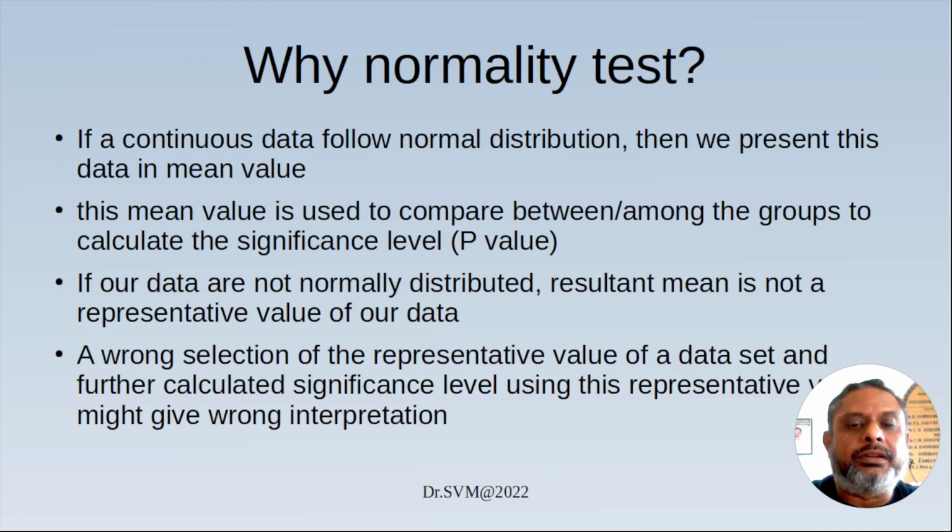A wrong selection of the representative value of the data set, and further calculated significance level using this representative value, is definitely going to give a wrong interpretation. So before inferring anything, before interpreting the data through any test, make sure that the data you have is normally distributed.